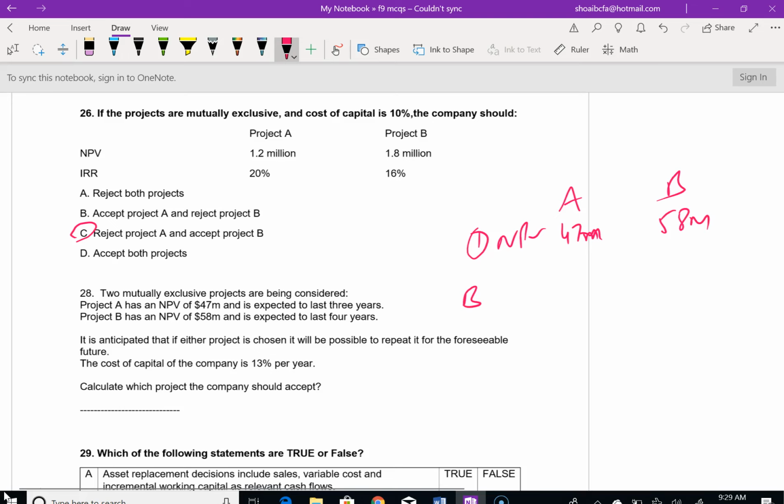Step number 2 is calculate equivalent annual benefit. That is divide the NPV over the annuity factor.